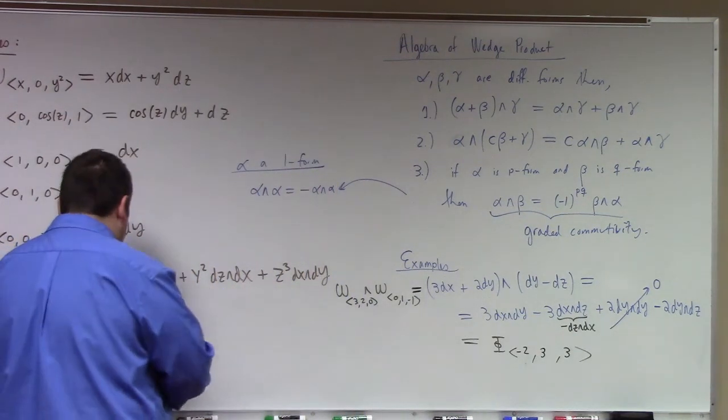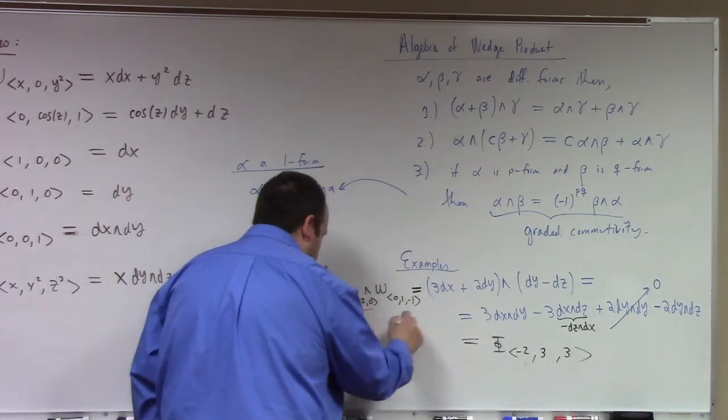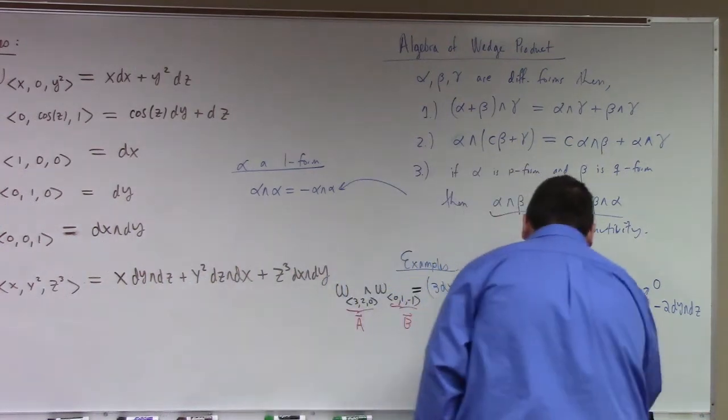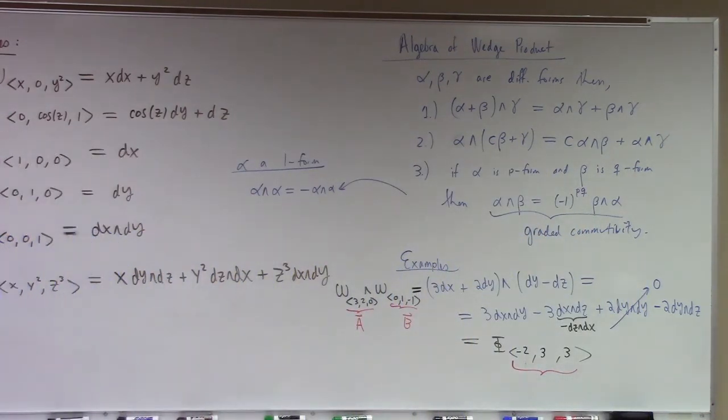So if I invent some labels here, if this is A and this is B, then this over here is what? Try taking the dot product of A with the vector in the flux form.